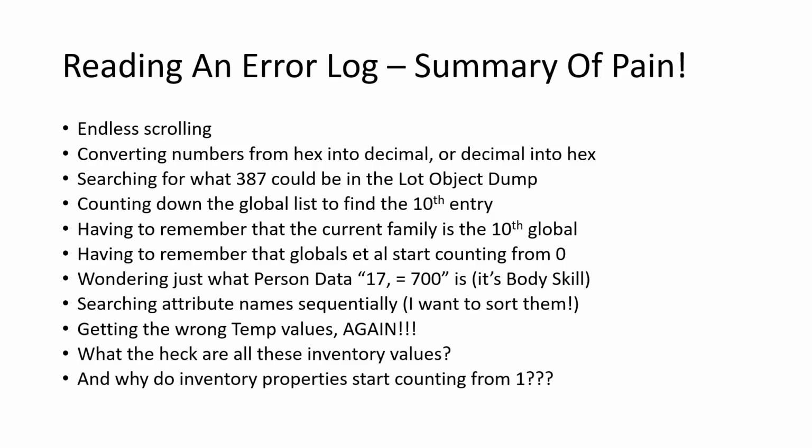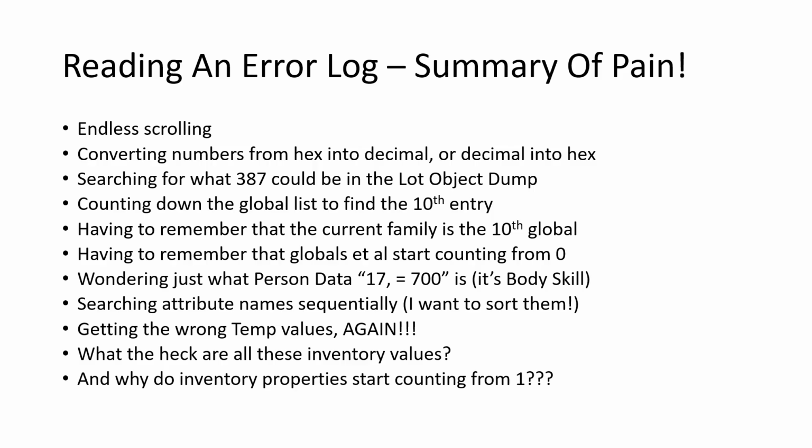You're having to count down the global list to find the 10th entry, to remember that that is the current family, and then you've got to remember that globals actually start counting from 0, so you want the 11th entry. You then end up wondering just what person data 17 equals 700 is. It's body skill, apparently.